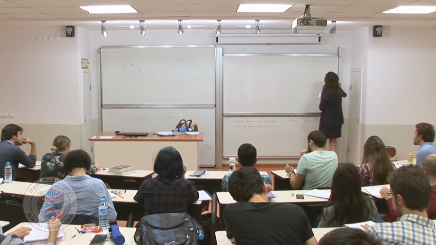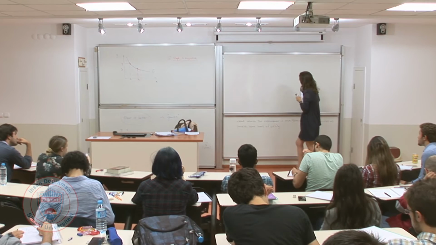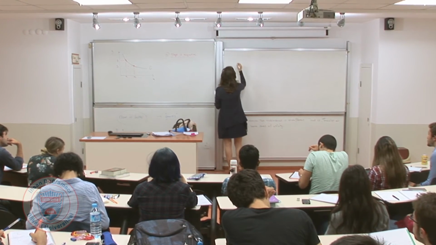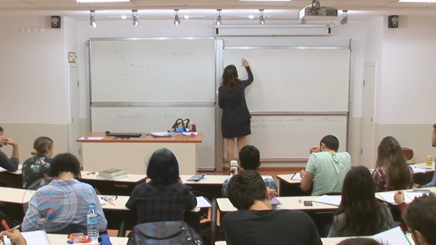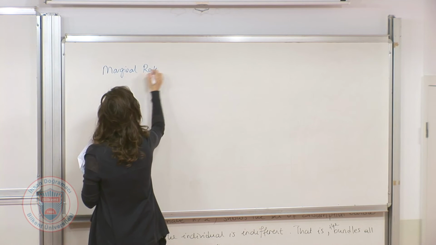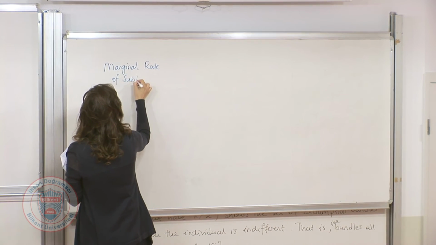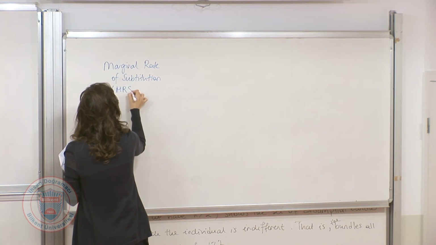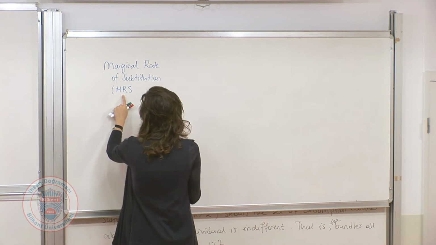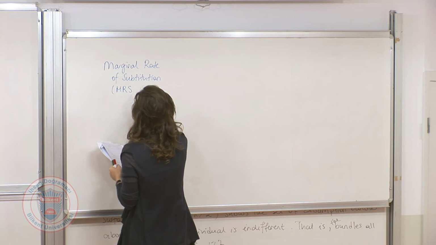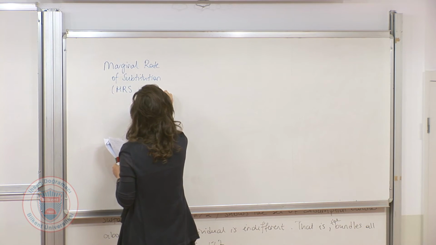So let me write that down. We're defining stuff, so it's marginal rate of substitution. Usually we say MRS, so let's put it MRS of x for y.